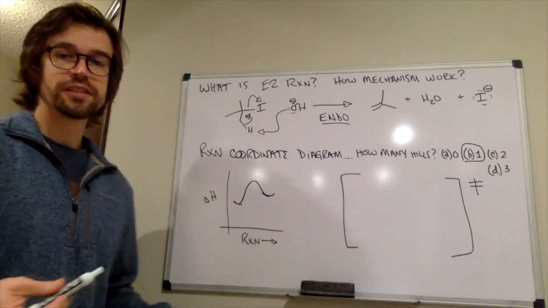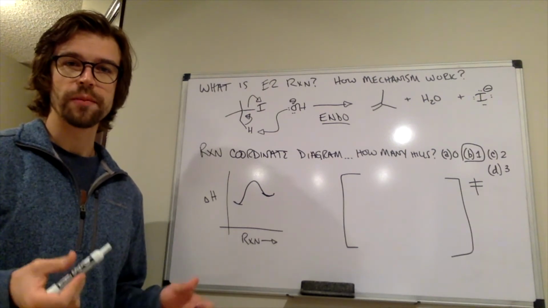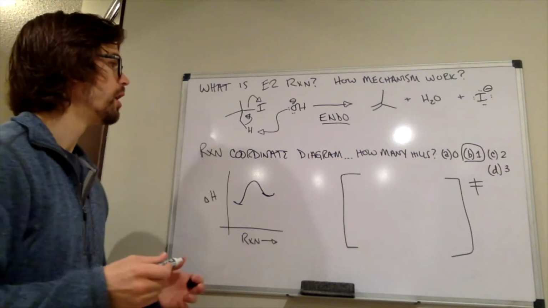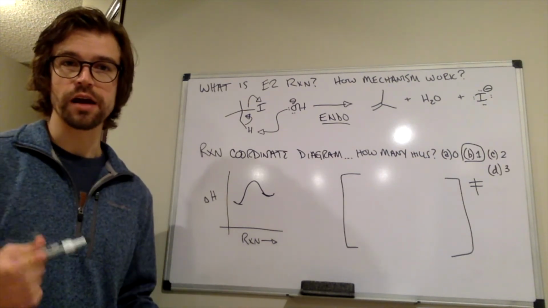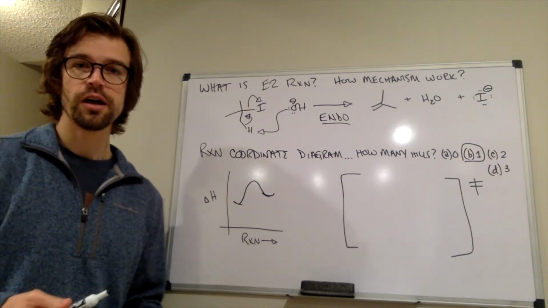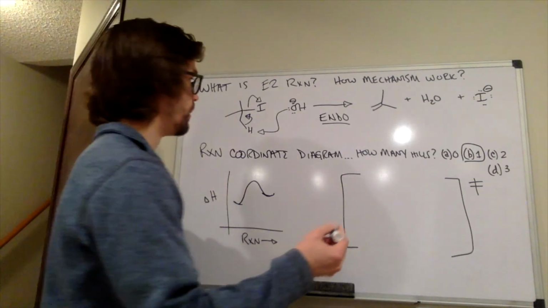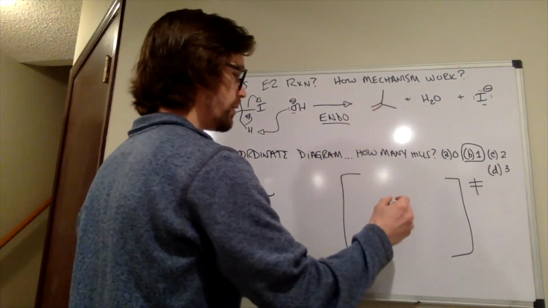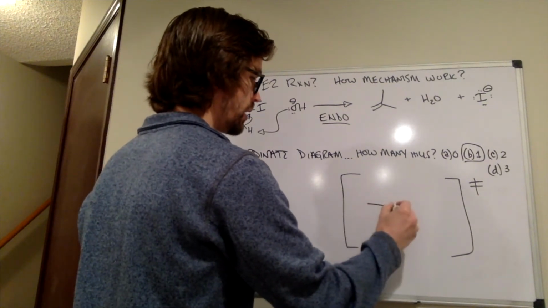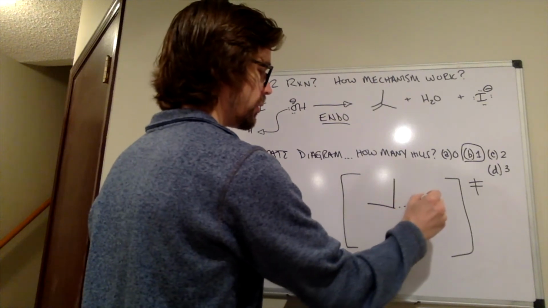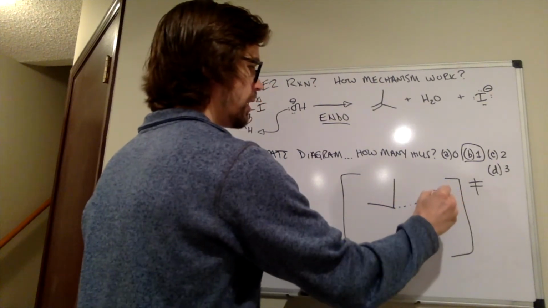What about our transition state? What do we do there? Again, all bonds that are forming are dotted, all bonds that are breaking are dotted, and all charges are partial if they are changing. So the carbon-iodide bond is breaking, so we'd have a dotted bond to that.